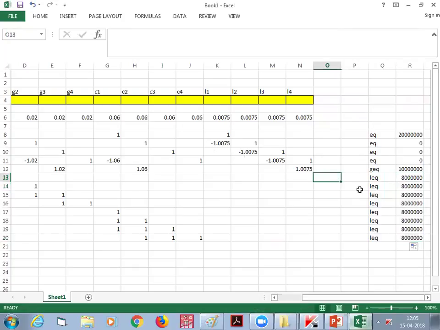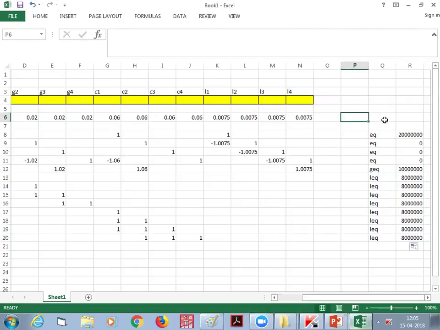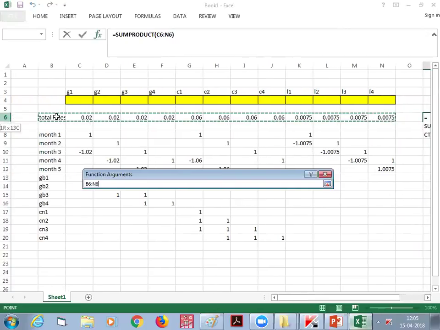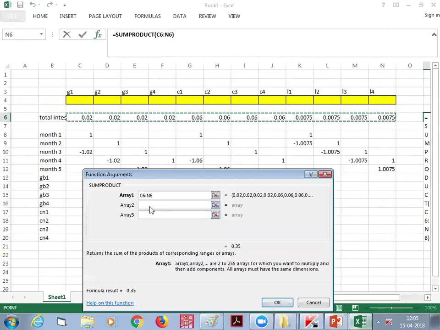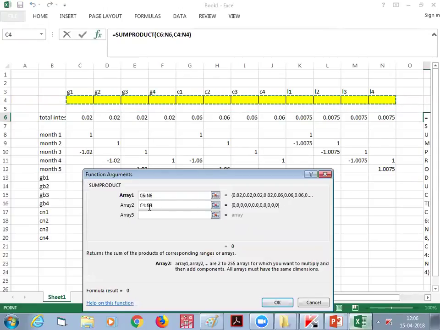Okay, very simple. And now I'll create my left-hand side here. This is equal to sum product of coefficients with my variables. Fix the variables, C4 to N4.